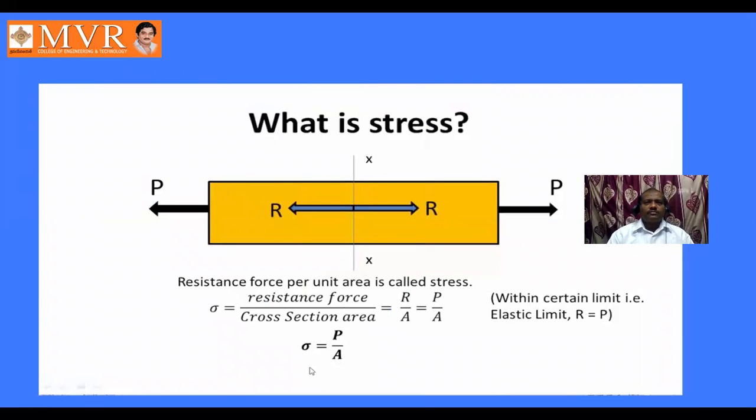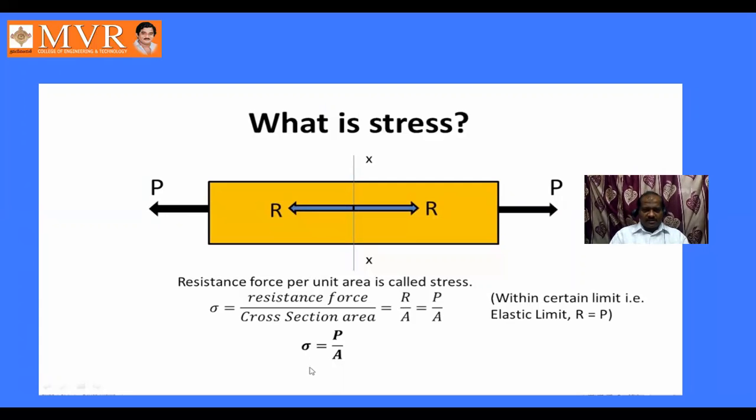So this is how stress works. Two forces P are acting on a yellow colored object in opposite directions. Due to that, there may be a change in the yellow object, shown with the help of R, and that leads to a change in shape, change in size, and sometimes change in position also.